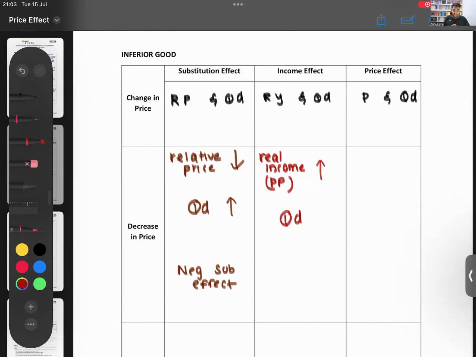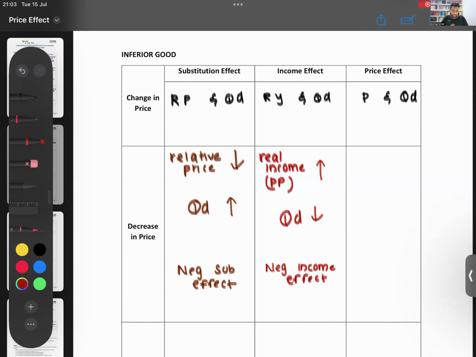When income increases, QD will decrease. The income effect now: real income increasing, QD decreasing. Income effect is also negative. Negative income effect. Now, this is where it becomes interesting now. The price effect.